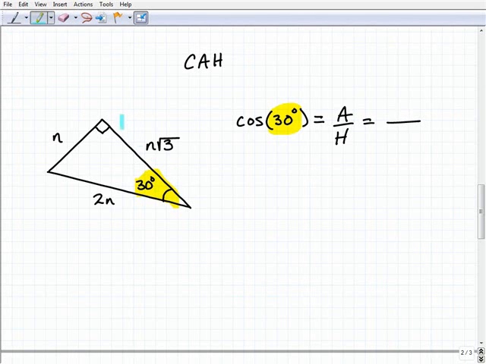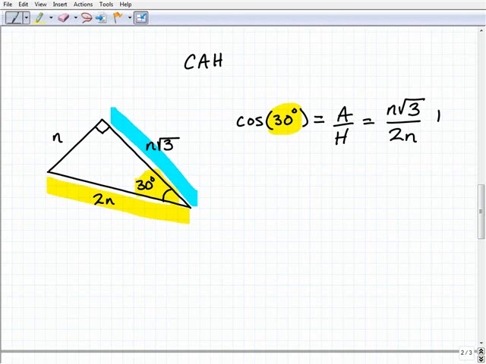For 30 degrees, this side is the adjacent, and the hypotenuse is this side, which is 2n. Now let's fill in those variable expressions for our adjacent and hypotenuse. We'll get n over the square root of 3. That's my adjacent side, and my hypotenuse is 2n.